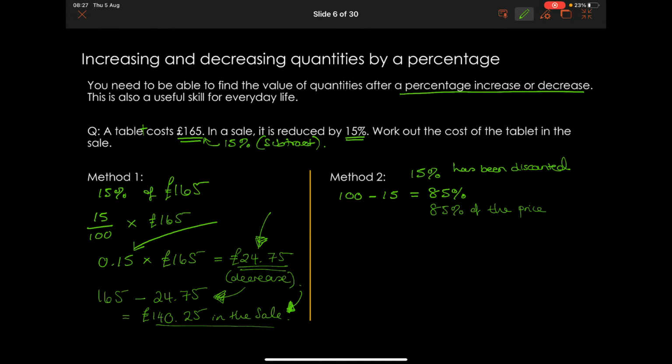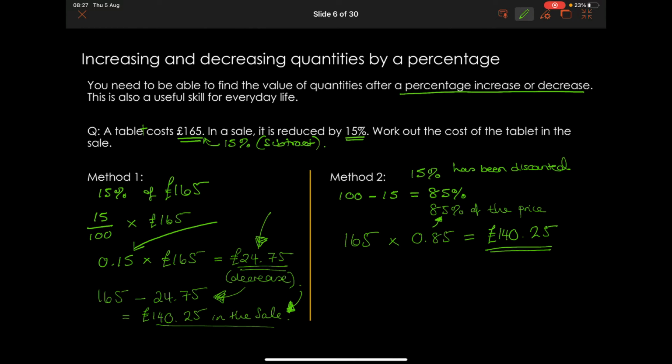Okay? So instead, what I'm going to do is I'm going to take my 165 and I'm going to times it by 0.85, because I need to recognise that as a multiplier, 85% is 0.85. And if I put that in my calculator, I end up with £140.25 straight away.